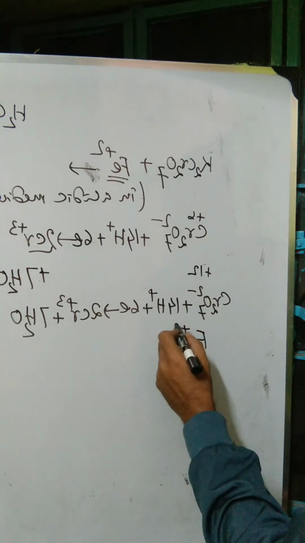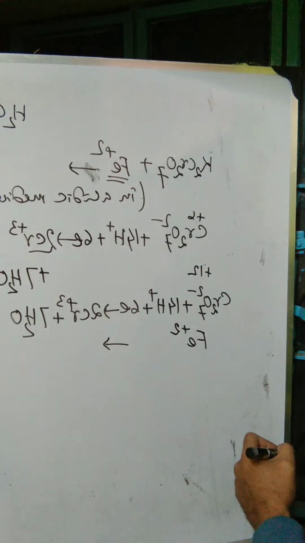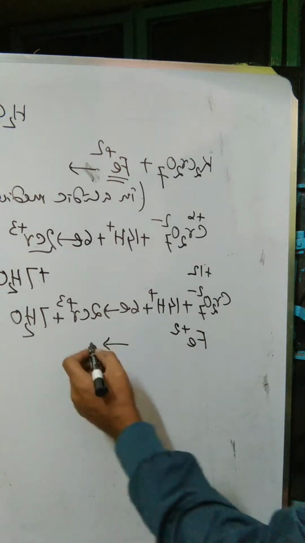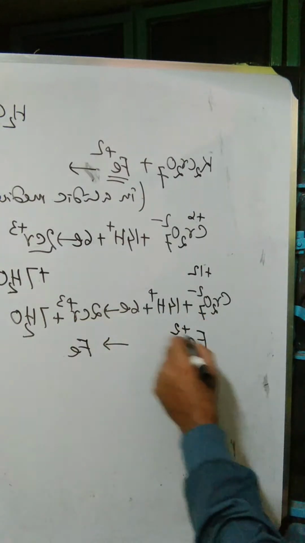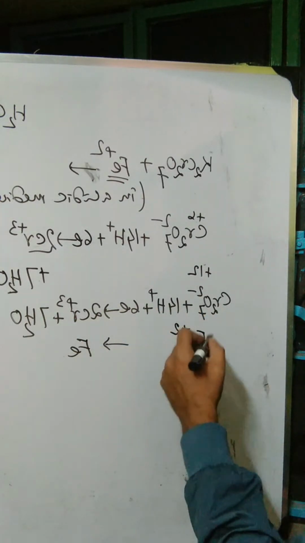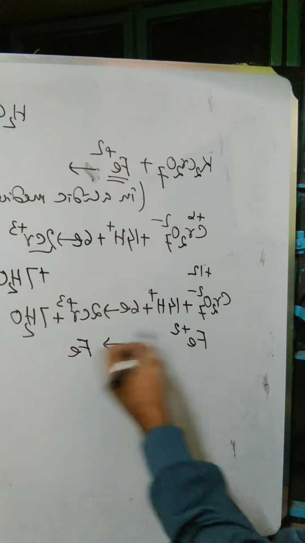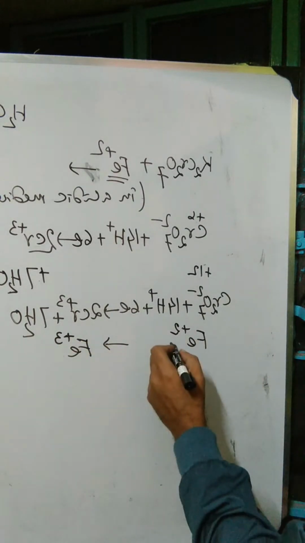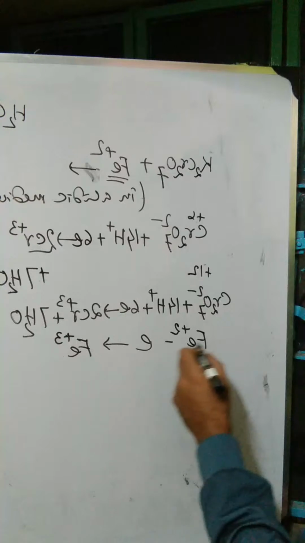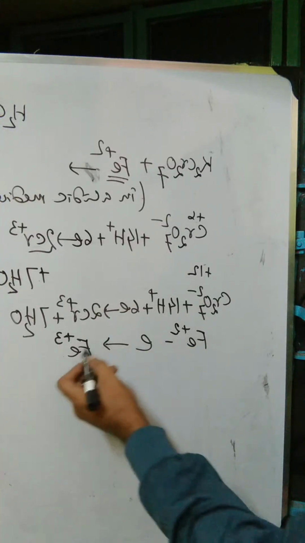Fe+2 has 2 oxidation states, Fe+2 and Fe+3. This is ferrous and this is ferric. Since the dichromate is reduced, Fe+2 must be oxidized, its oxidation number must increase. When it increases to Fe+3, the number of electrons removed is 1. So Fe+2 releases 1 electron to form Fe+3.